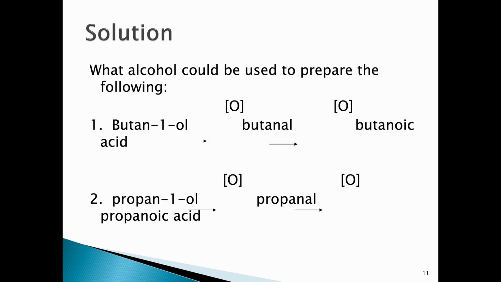This is just giving you back your carboxylic acids, but starting off with your respective alcohols. So you have your butan-1-ol, oxidized to your aldehyde, your butanal, and then you get your butanoic acid, and the same is done for your propan-1-ol.